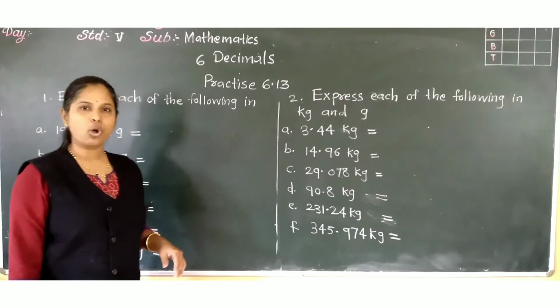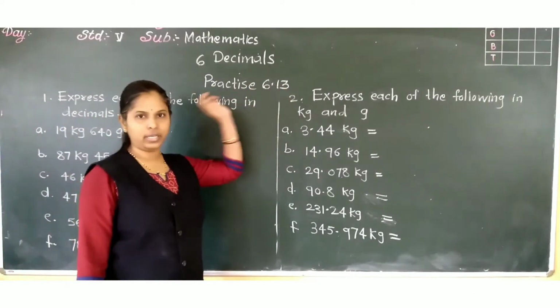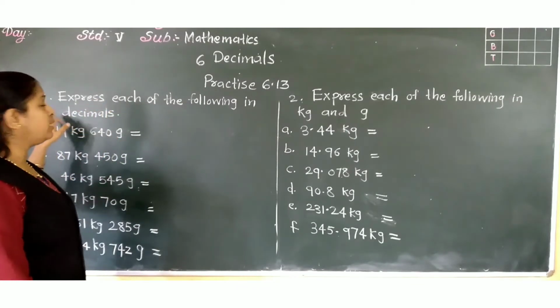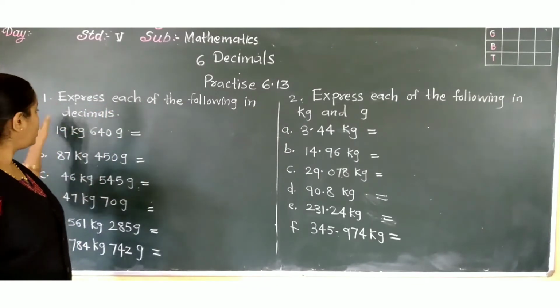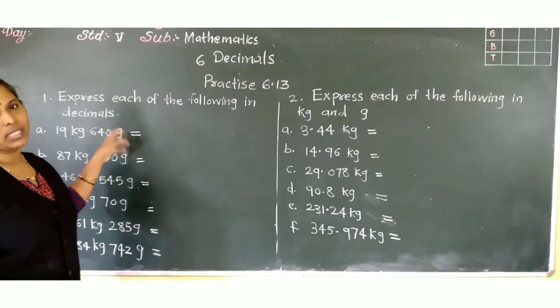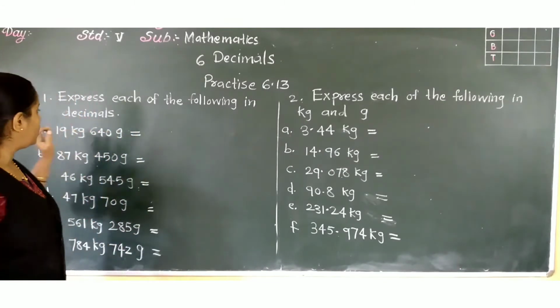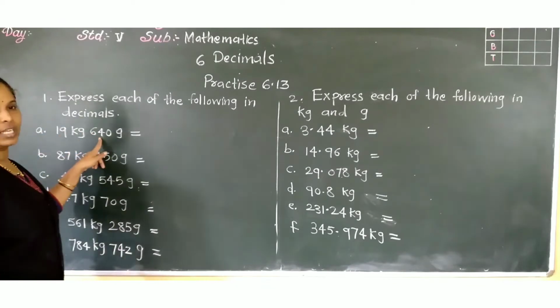Okay. We'll solve practice 6.13. In question number 1, express each of the following in decimals. They have given kg and grams and we have to write it in the form of decimal. See, 19 kg and 640 grams.